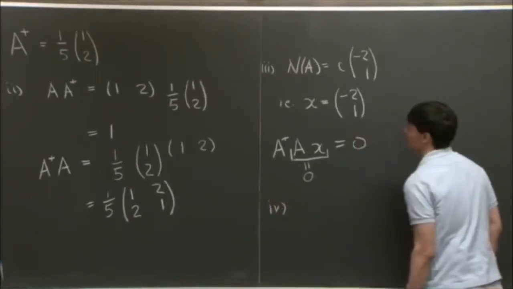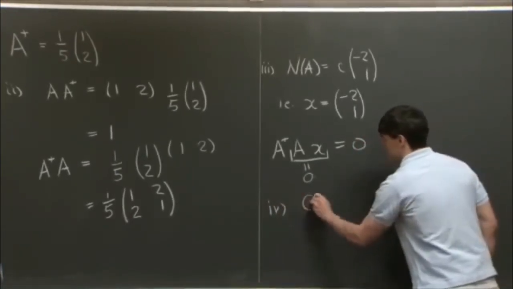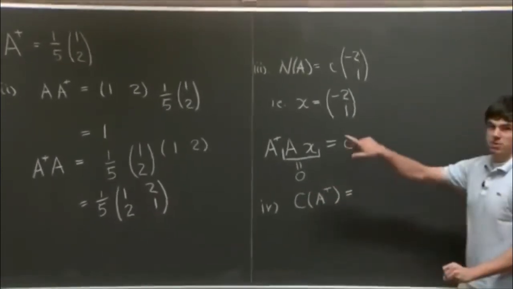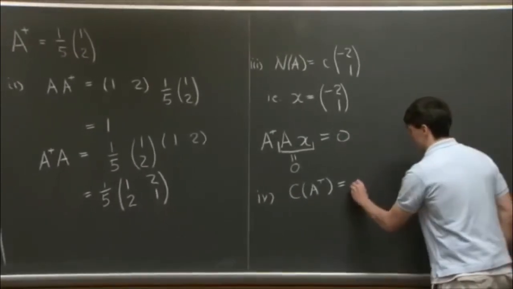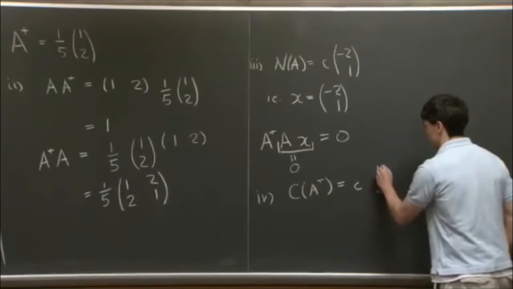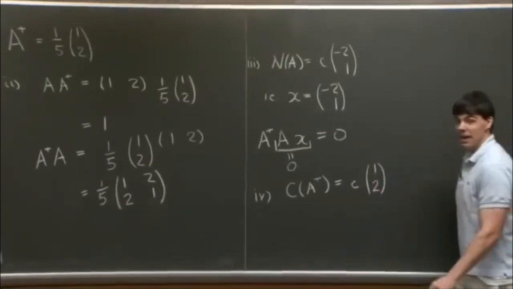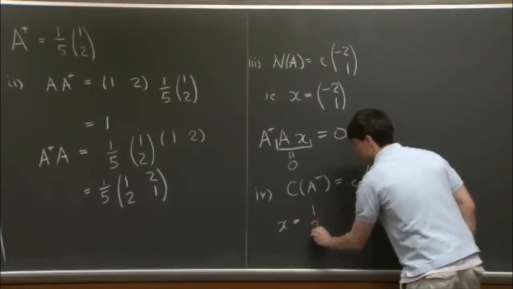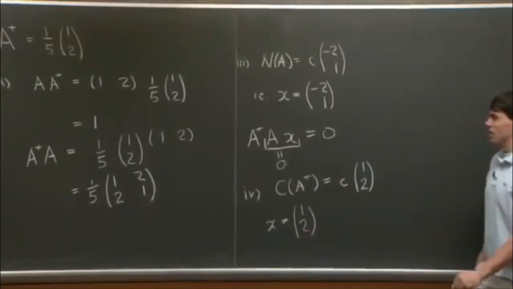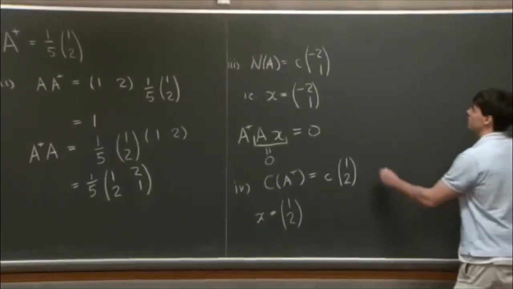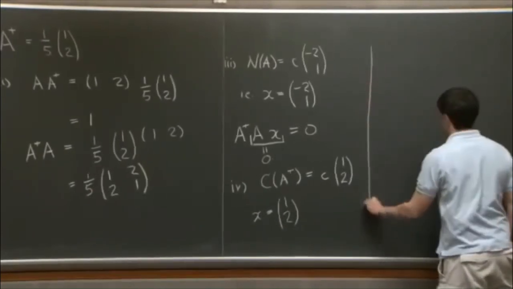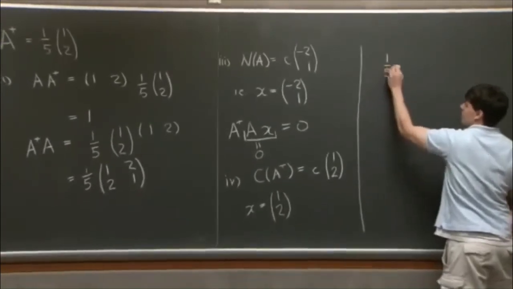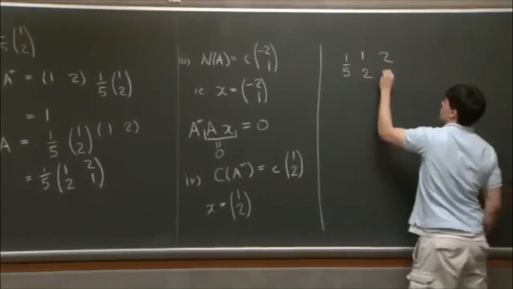Okay, and then lastly, let's take a look at the column space of A transpose. Well, A transpose is 1, 2, so it's any constant times the vector 1, 2. And specifically, if we were to take, say, x equal to 1, 2, we can work out A plus A acting on the vector 1, 2. So we have 1/5, 1, 2, 2, 1.